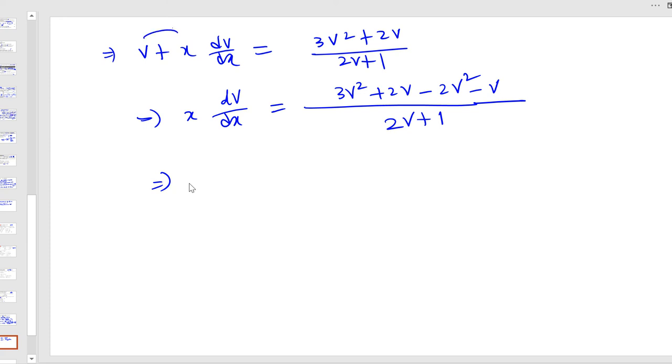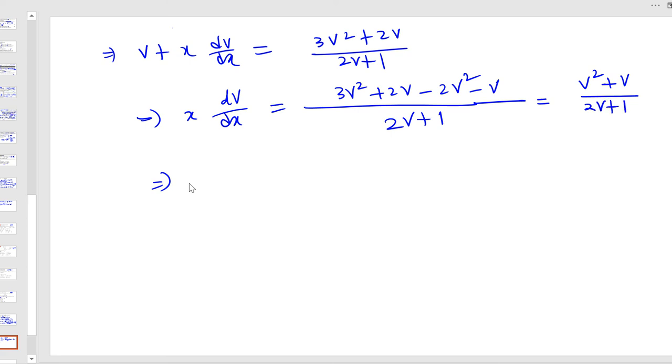You take v out on the right hand side, then you will get this is nothing but v square plus v divided by 2v plus 1.